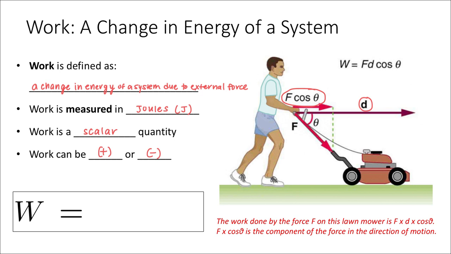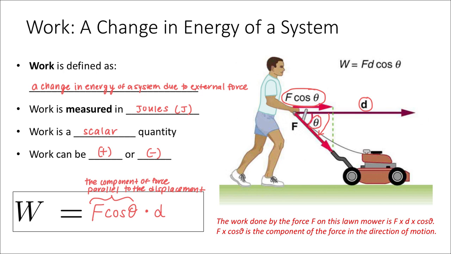So in other words, we can express the work done on an object by F cosine theta multiplied by the displacement d. So this F cosine theta term is the component of force in the direction of the object's displacement. And in this case, theta happens to be the angle measured between the displacement vector and the force vector.